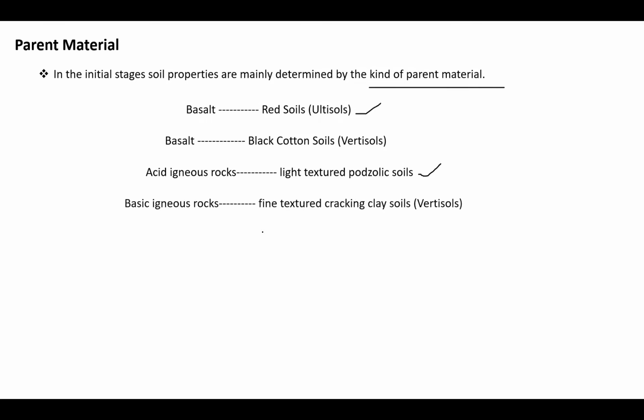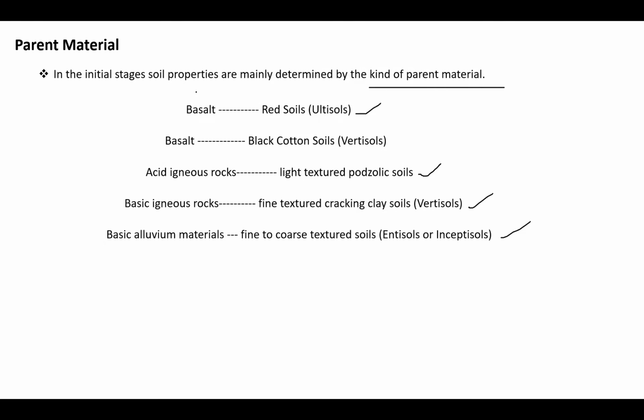Followed by basic igneous rocks, opposite to acid igneous rocks, we can see fine textured cracking clay soils, mostly vertisols, in this type of parent material. Followed by alluvial parent materials, in which fine to coarse textured soils like entisols and inceptisols are very likely to form.